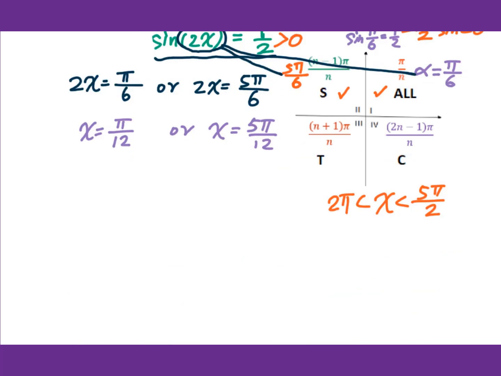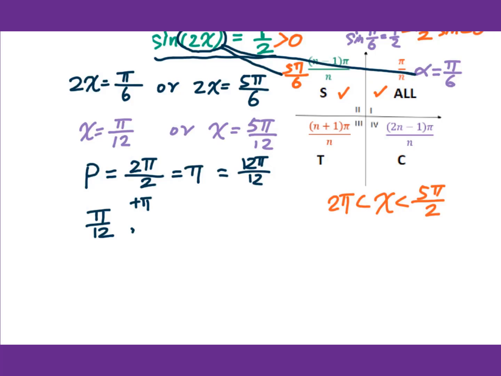Since we are looking for the angle between 2 pi and 5 pi over 2, you need to add a period. So the period for sin 2x is 2 pi over 2 equals pi. Therefore, for pi over 12, I keep adding pi. Pi, you can write down as 12 pi over 12.